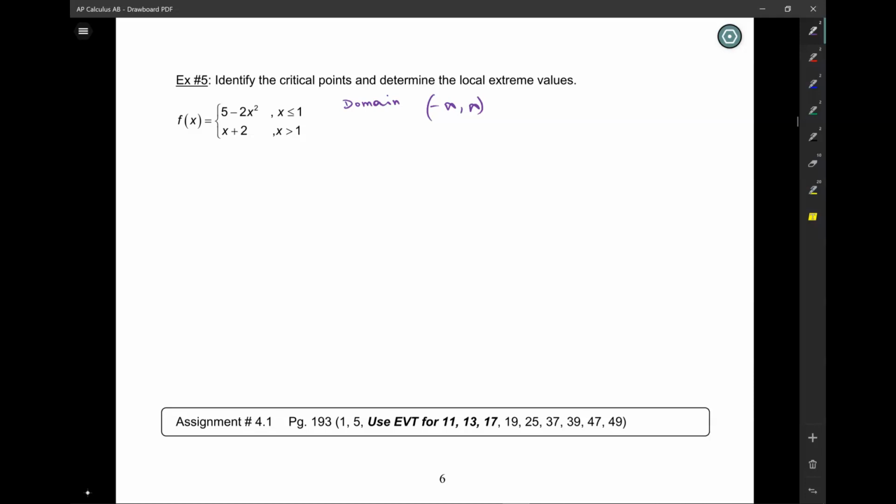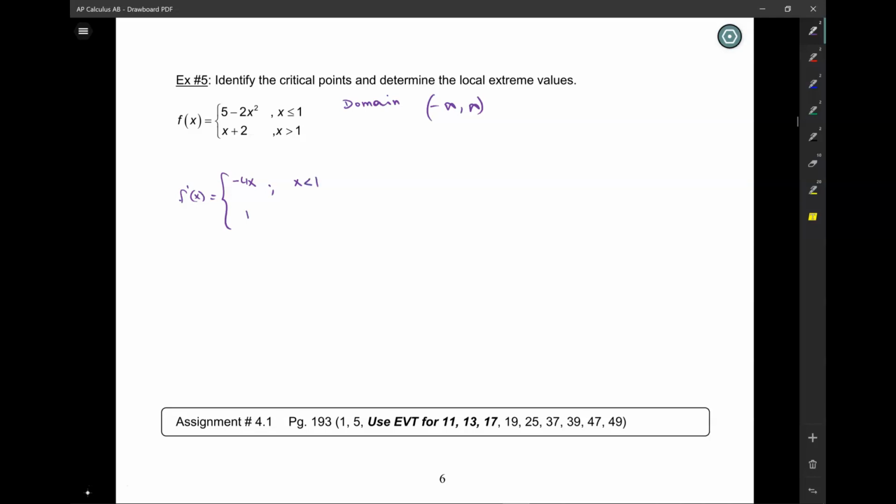Okay, so now let's find f prime of x. If this is a piecewise function, f prime is also going to be a piecewise function. And it's going to be -4x and 1. Okay, what about the regions though? This is going to be -4x at x less than 1.